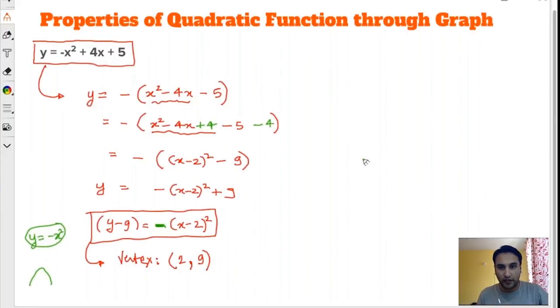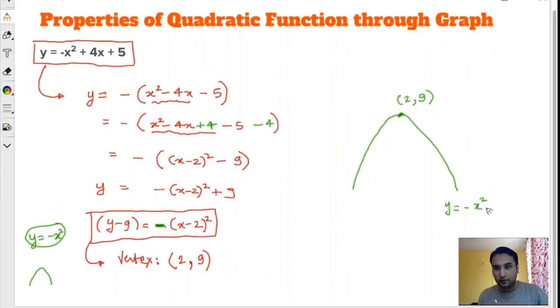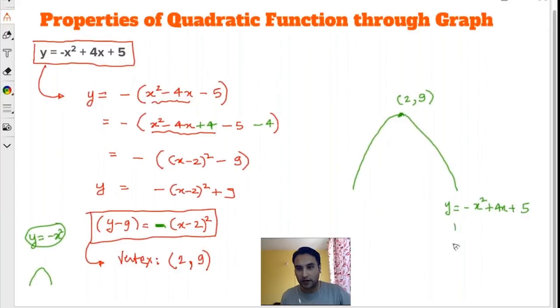So if you plot the graph, it will actually be like this, facing down, and its vertex will be at the point 2, 9. This will be the graph of y is equal to minus x square plus 4x plus 5, which you could write as y minus 9 is equal to minus times x minus 2 whole square. Got it?